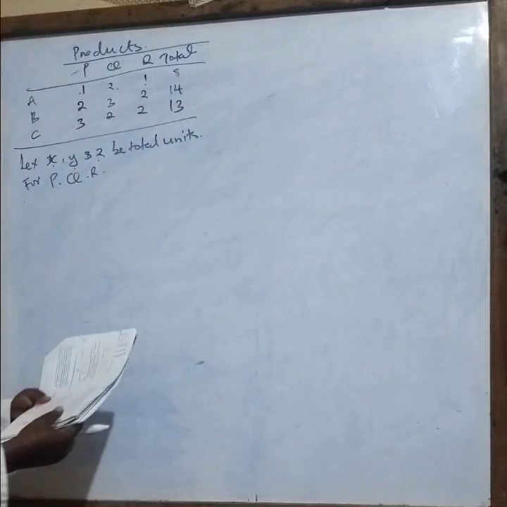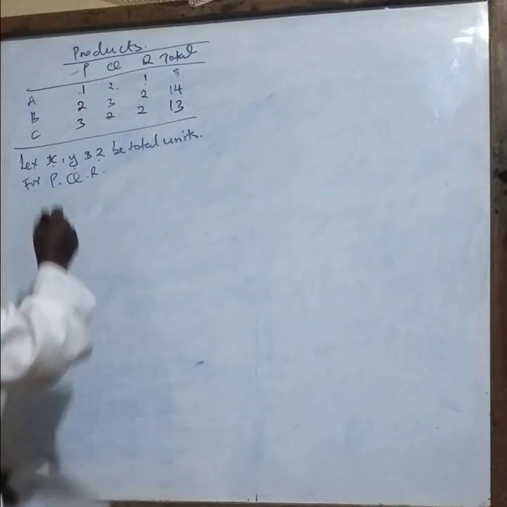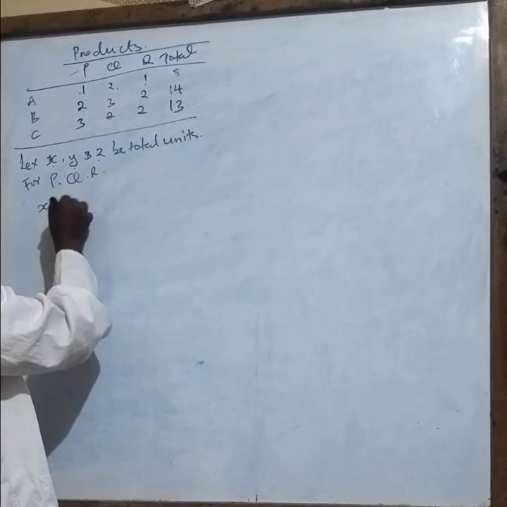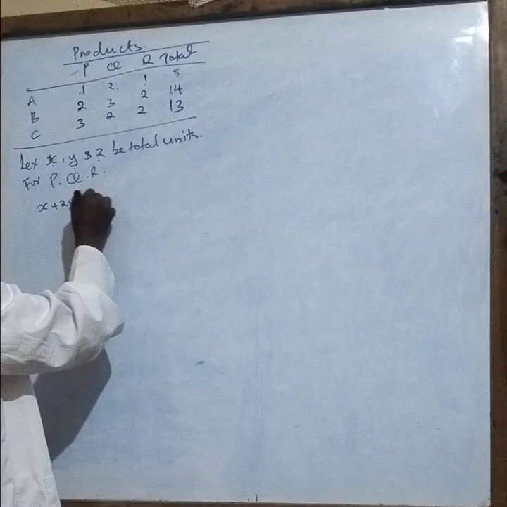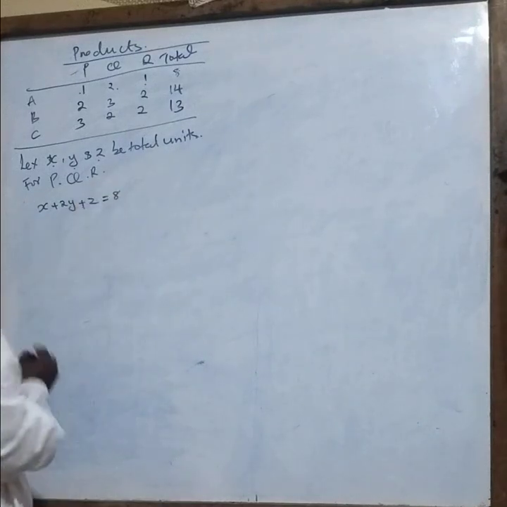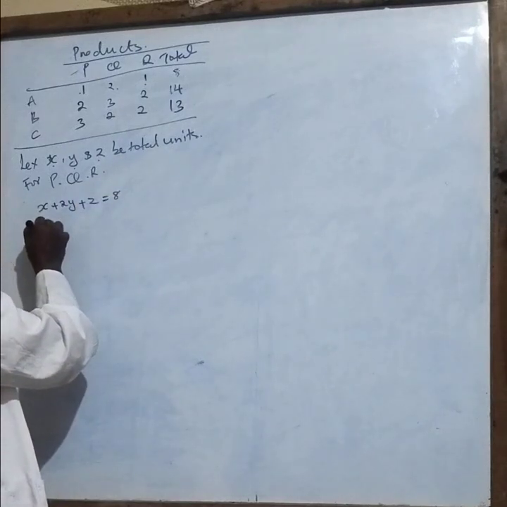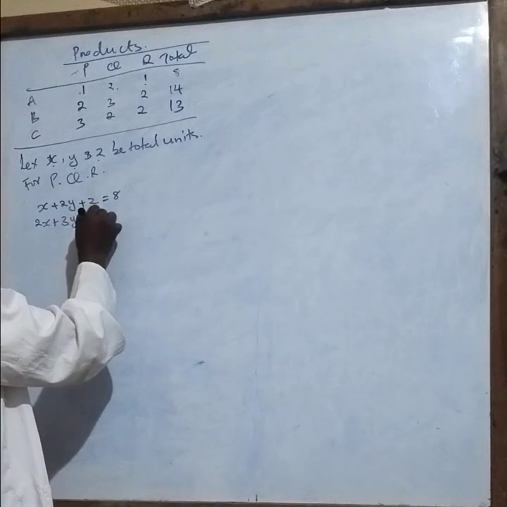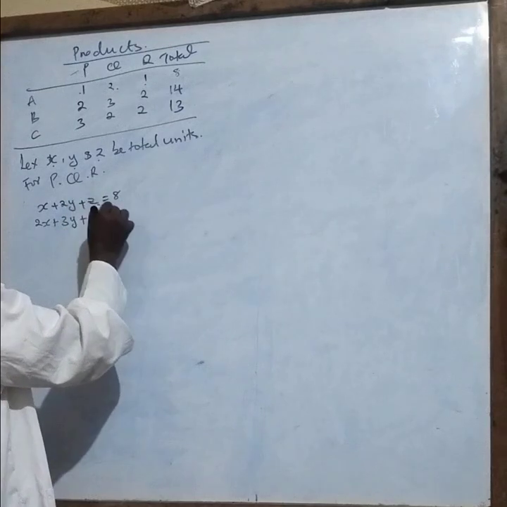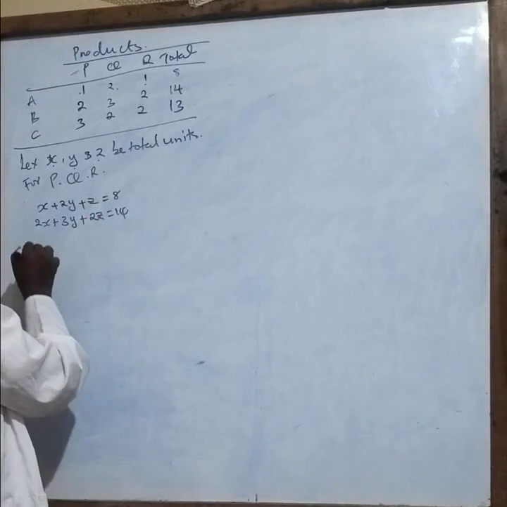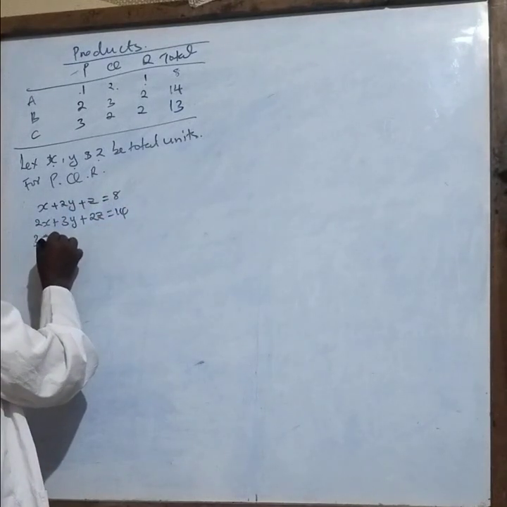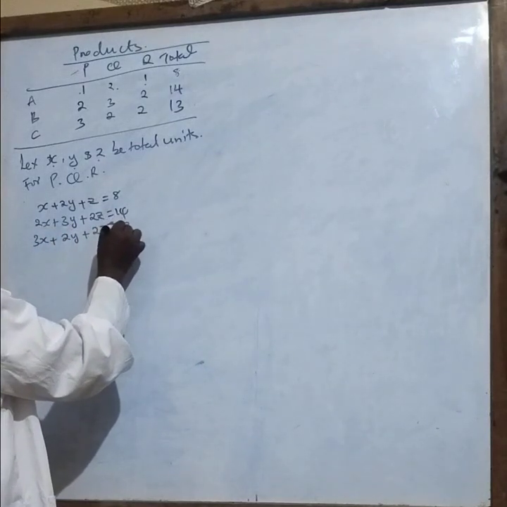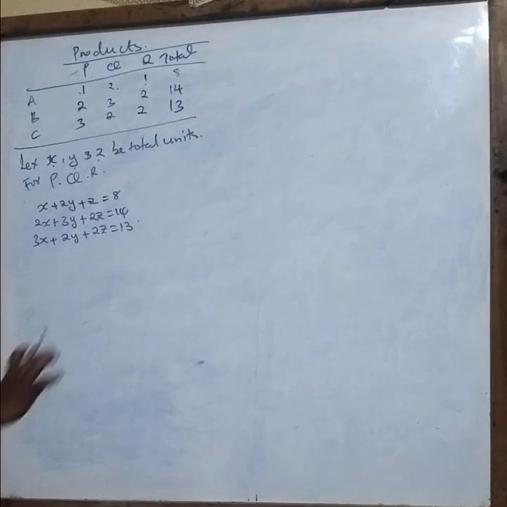So when you multiply that carefully, the answer you get is X plus 2Y plus Z equals 8. The second is 2X plus 3Y plus 2Z, which gives you 14. Then the last one is 3X plus 2Y plus 2Z, which should give you 13. So you can see now we have the equations.